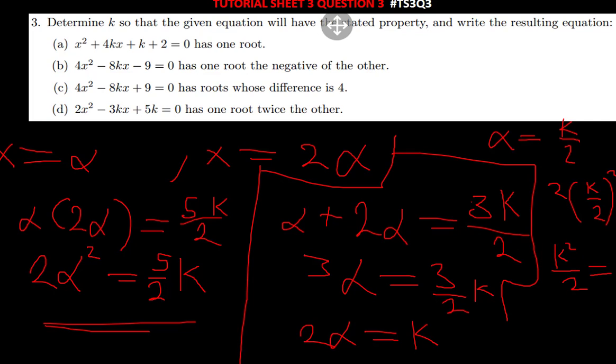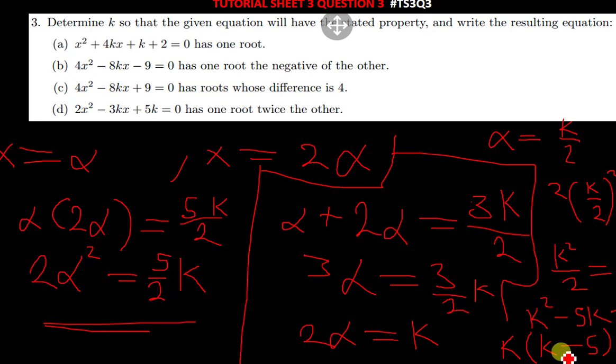So in other words, when you simplify this, we have k squared minus 5k is equal to 0. So k will be equal to k minus 5, I mean just factorize this, which is going to give us 0.